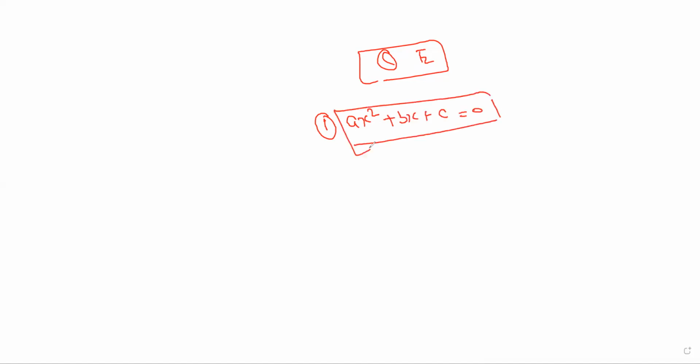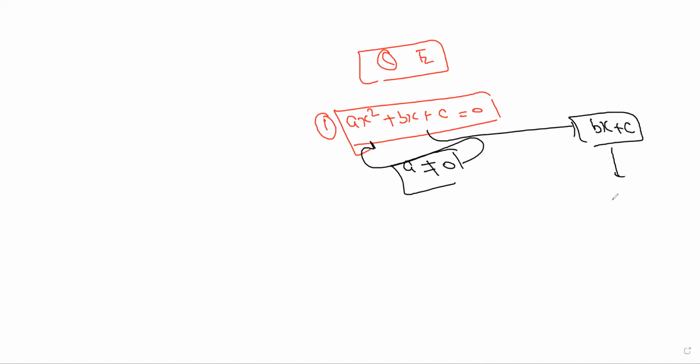In this case, a cannot be 0. If a were 0, the equation would become a linear equation, bx plus c. b can be 0, c can be 0, that's not a big deal, but a cannot be 0. This is about the quadratic equation.